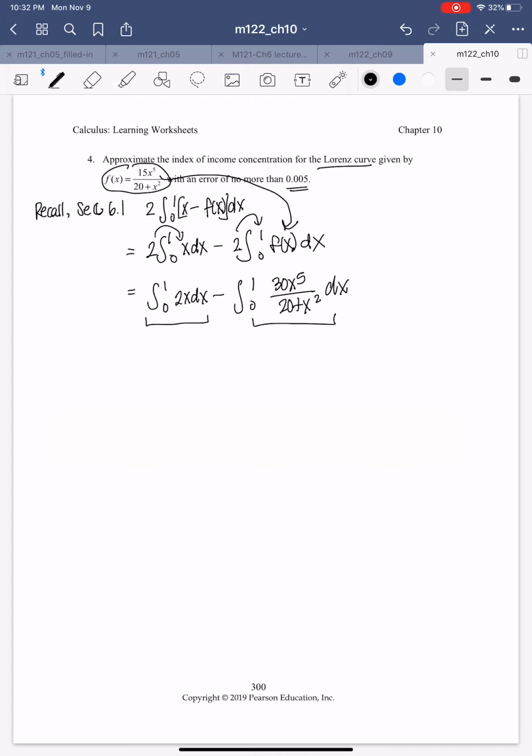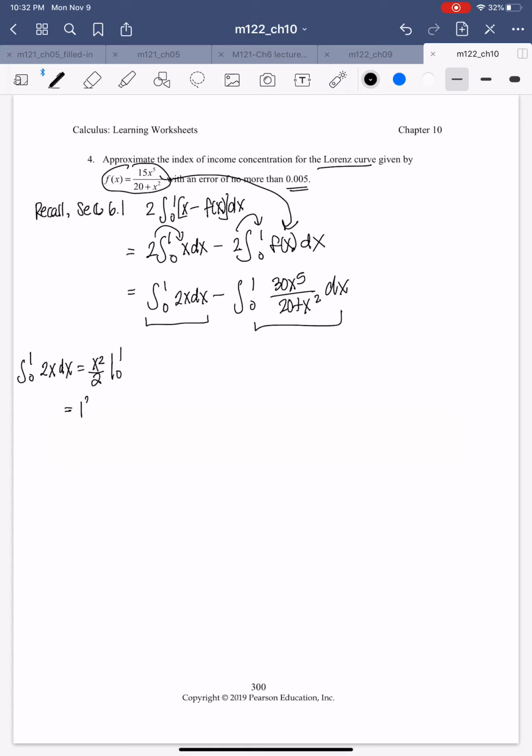This part over here, I have 2x dx. So your antiderivative is x squared. I'll use it on the side. So integral 0 to 1 of 2x dx will be x squared over 2, from 0 to 1.